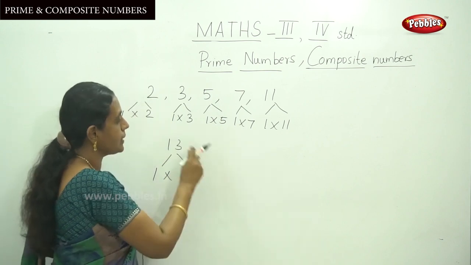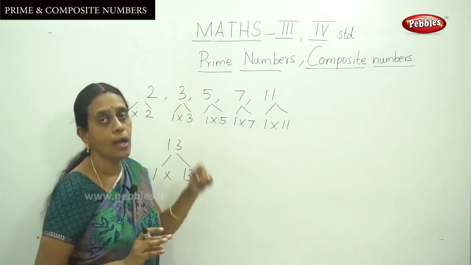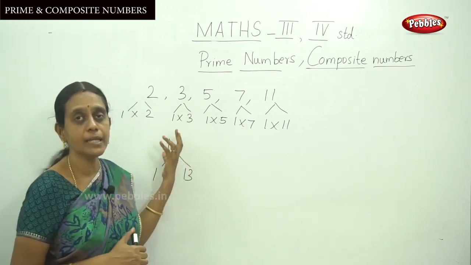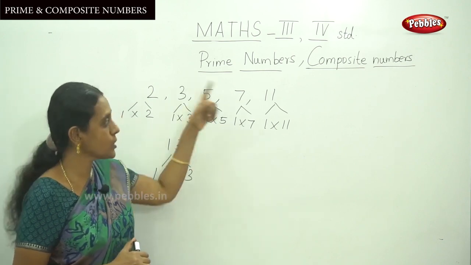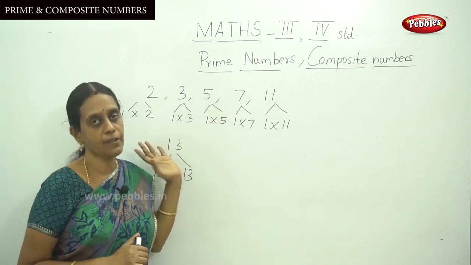All these have only the number itself and 1 as factors. These numbers are called prime numbers. Do you understand now? It does not have any other factor than the number itself and 1.